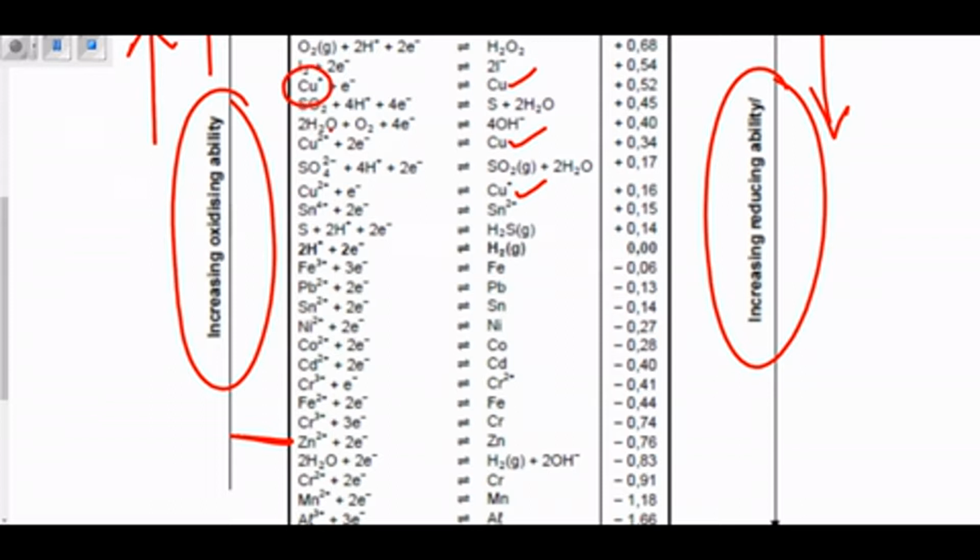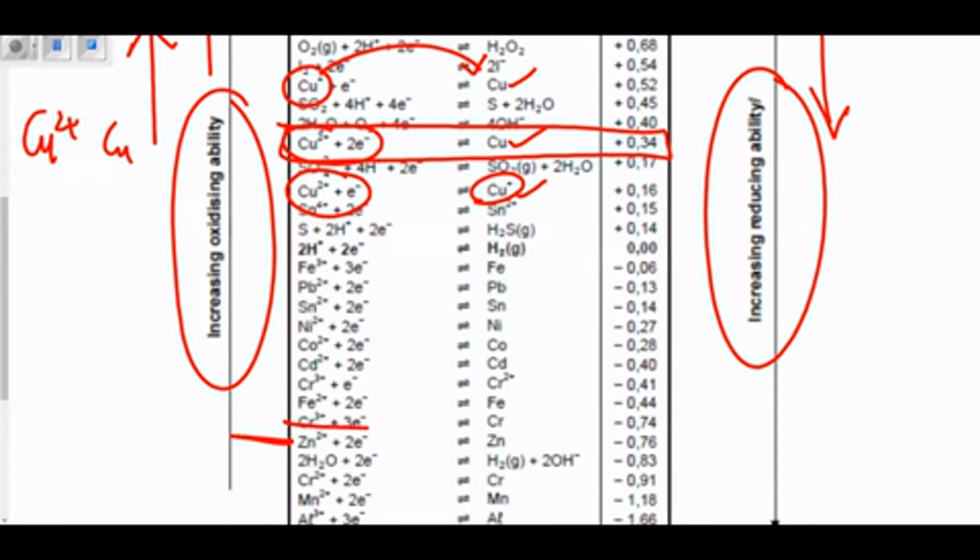Here we have copper 2 plus gaining 2 electrons, while this copper 2 plus is gaining 1 electron to still become a copper ion, but copper 1 ion. This one is moving from copper 1 to copper. But in this case, we are really moving from copper 2 plus to copper. So this is more ideal for us to use.